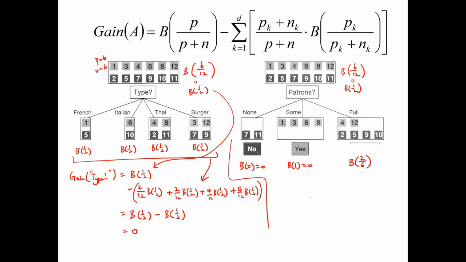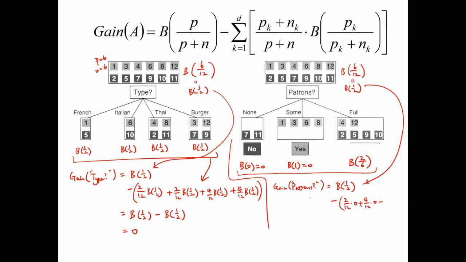If we were to compute the information gain for Patrons, we have B of 1/2 minus the weighted sum of these, which would be 2 out of 12 times 0 plus 4 out of 12 times 0 plus 6 out of 12 times B of 2 over 6.